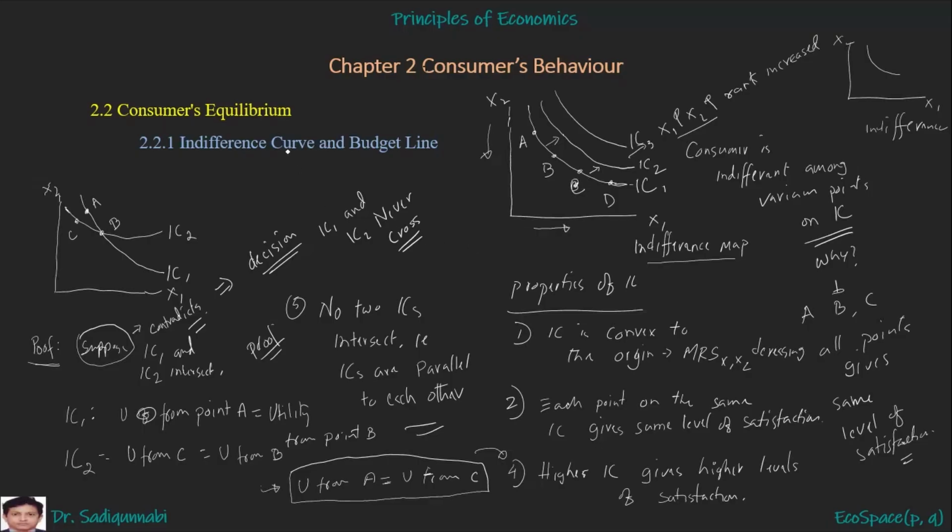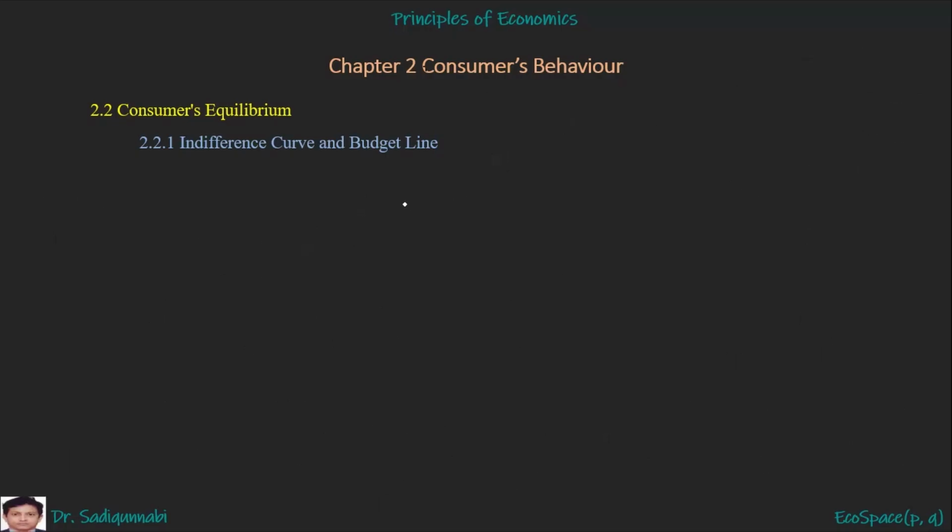All right. So we have covered the IC curve. Our next point is the budget line. Okay. So here you see that when we use the indifference map, we are going higher, to the sky limit.